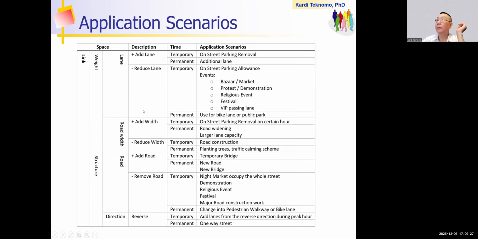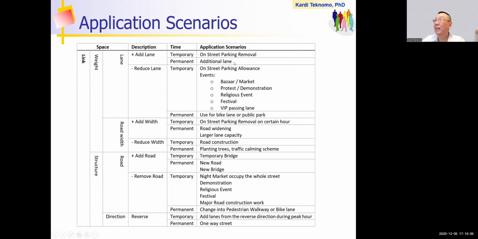When we say you change the weight, that means either you add a lane or reduce the number of lanes. Similarly, some people don't care about the actual lane if they prefer the width, in meters, so you can add the width or reduce the width. Then we think about whether it is permanent or temporary.